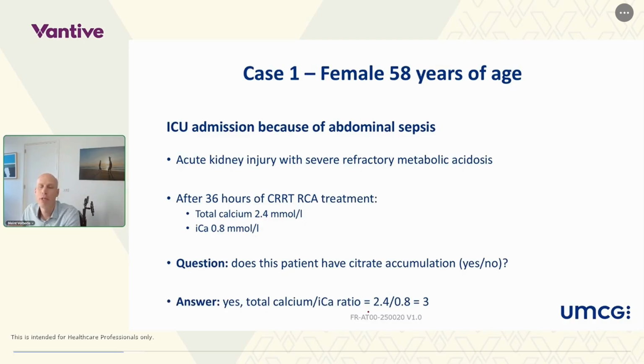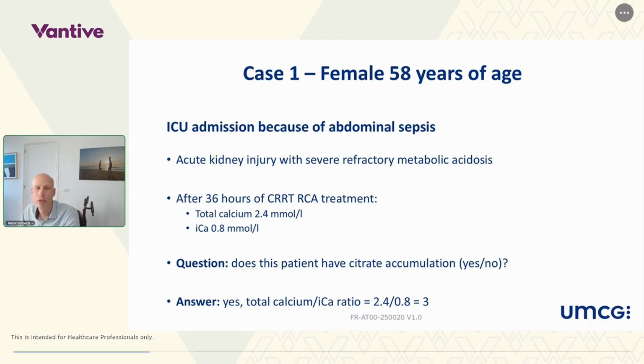The calcium ratio is 2.4 divided by 0.8, so that makes it 3, which is higher than 2.5. So we need to adjust the treatment, and maybe we need to stop citrate anticoagulation, otherwise we can maybe use a lower dose.